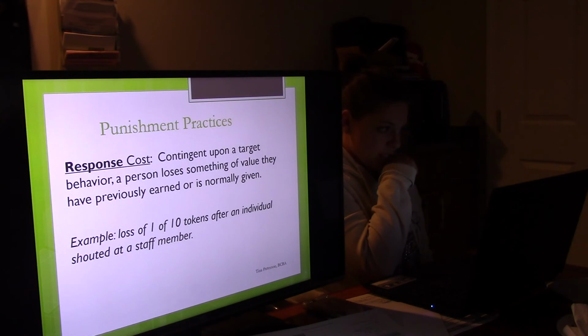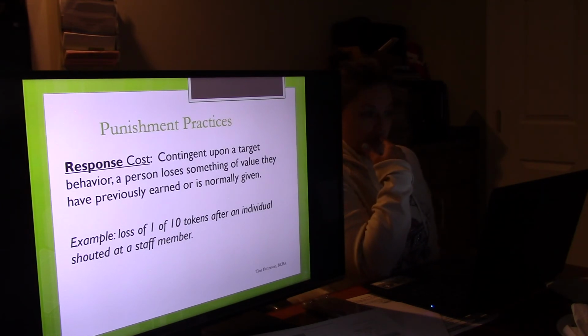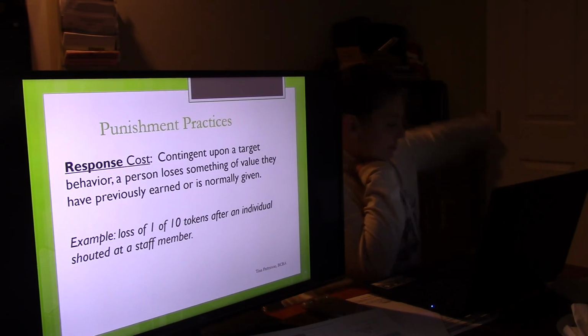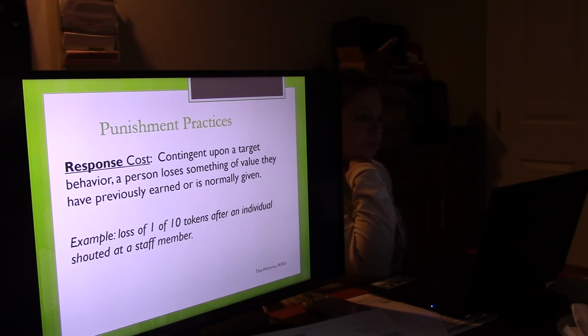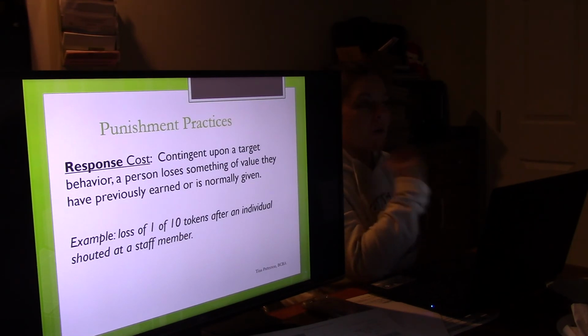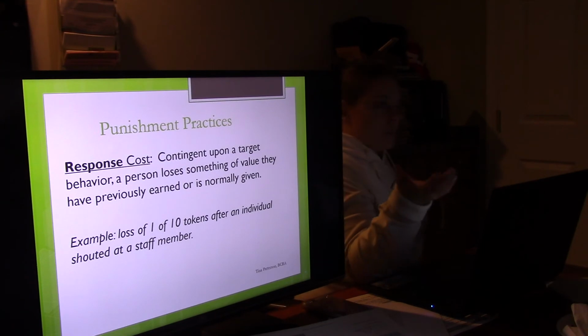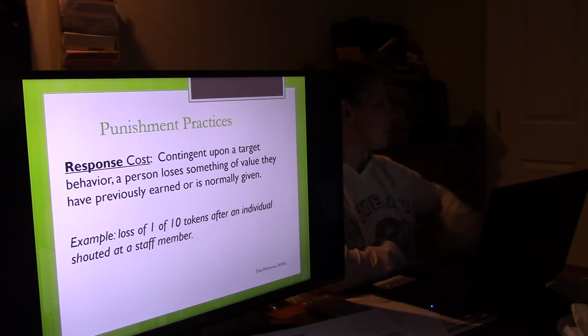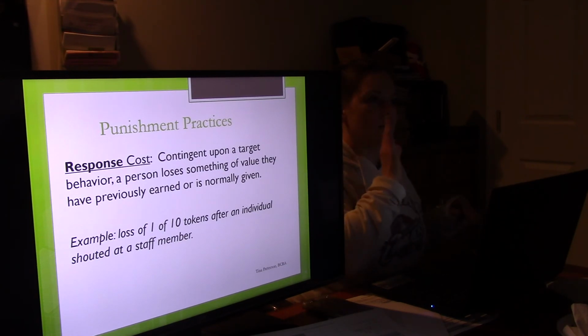Okay, punishment practices. So you have a response cost. Contingent upon a target behavior, so if they clear the table, they don't want to work, they throw everything on the floor, the person loses something of value they have previously earned or is normally given. So let's say they already earned 3 smiley faces. They clear the table, we're going to erase a smiley face.